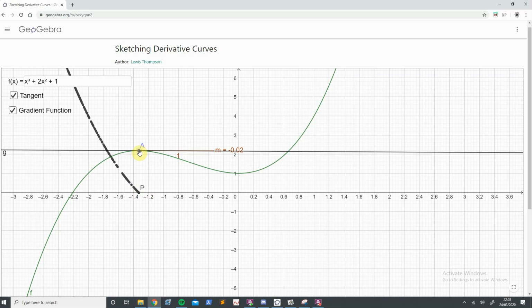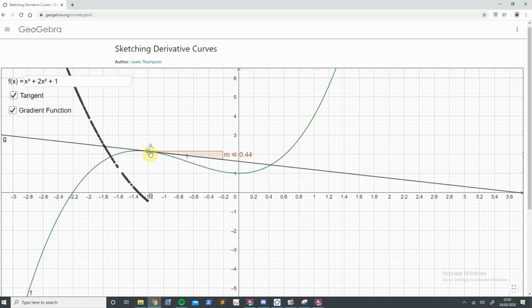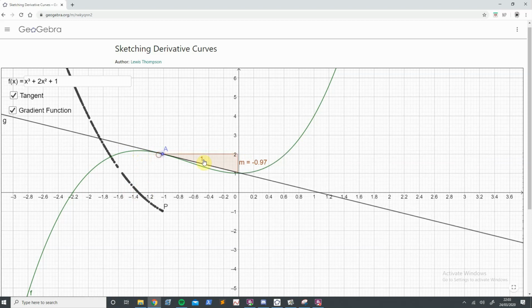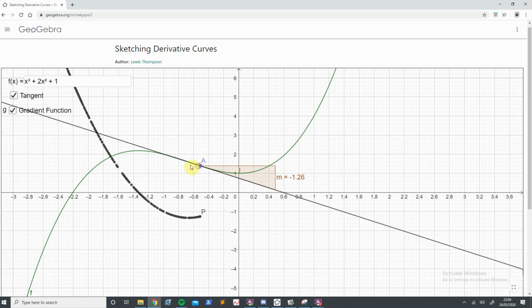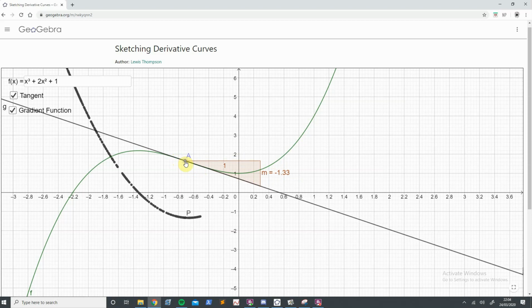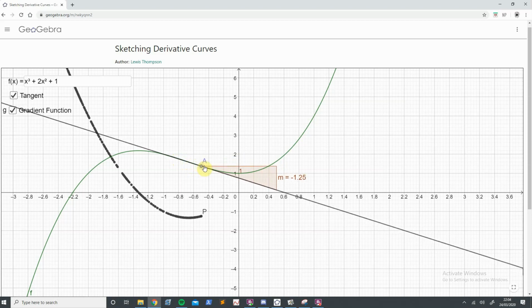So if we carry on, we can see we're going to have a negative gradient coming up here, so it's going to continue going down. So with a negative gradient here, my value of m is negative, so my gradient curve has gone into the negative quadrants of my axis. And it's starting to become less and less negative now. Before it was minus 1.33, and now it's moving back to minus 1.3, minus 1.2.